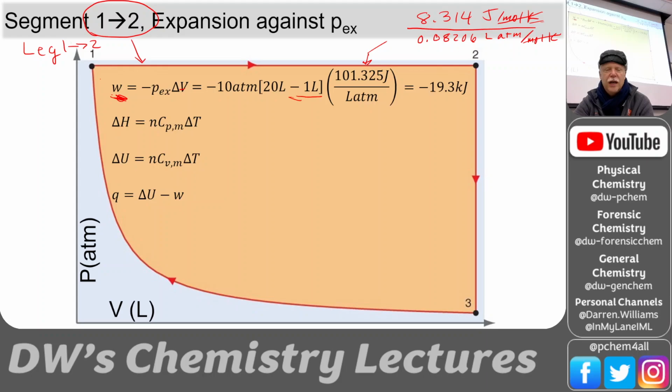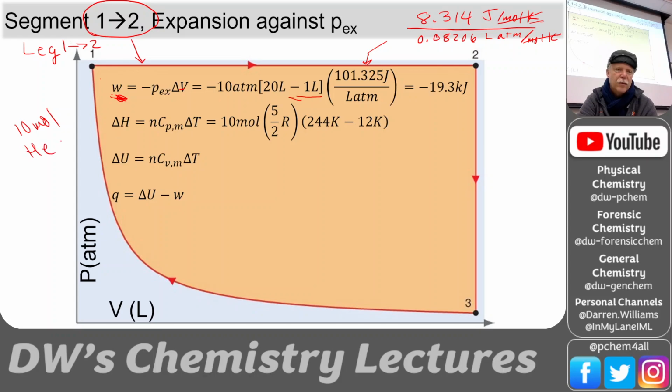So we have delta H, using the heat capacity at constant pressure. This was for 10 moles of a monatomic gas, like helium. And so for helium, you've got 3/2 R for translational, so this was CV, and then we add an R to make it CP.